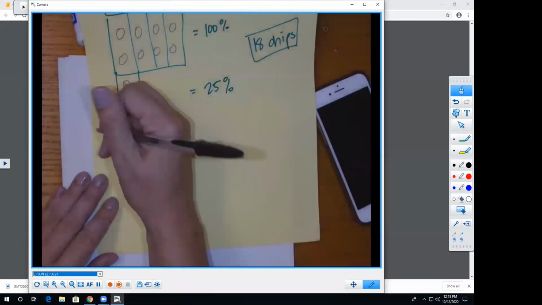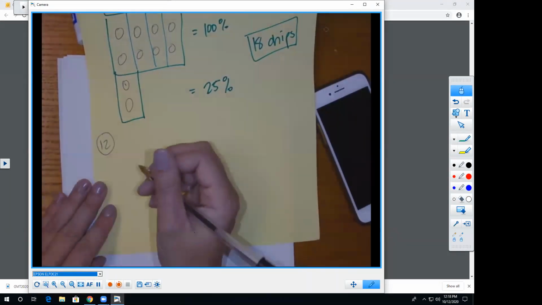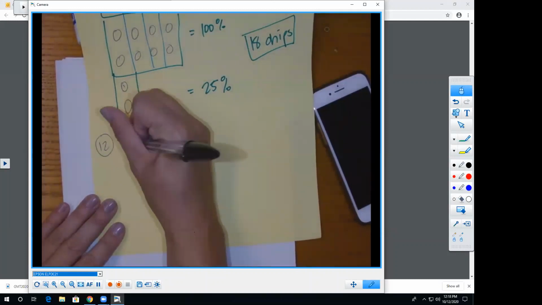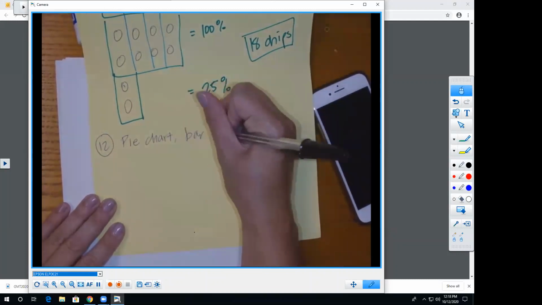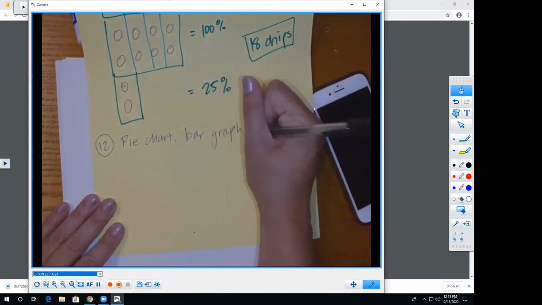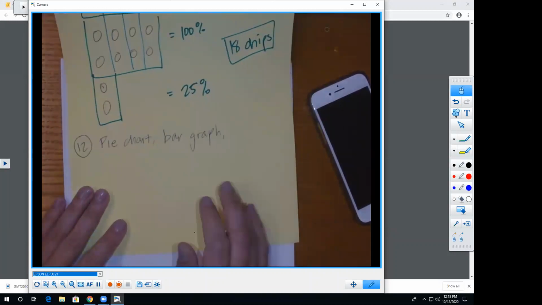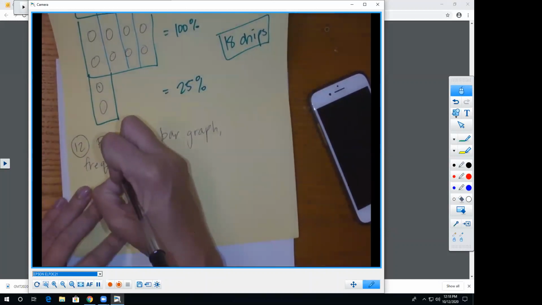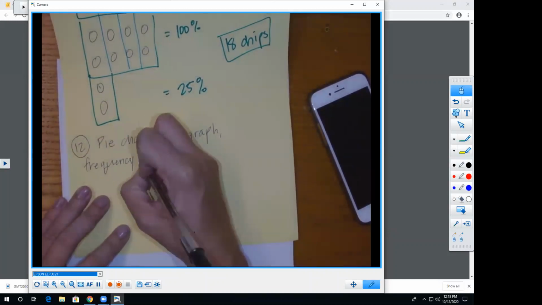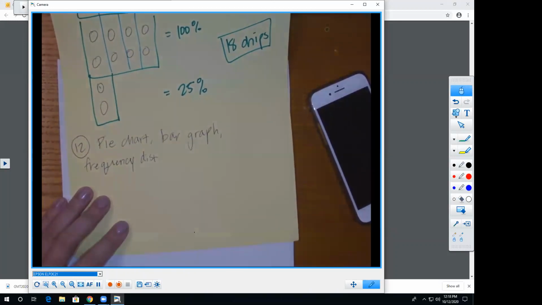Okay, so for this one, this is the lesson with the pie chart and the bar graph and, what else? Frequency distribution. What else do we do?